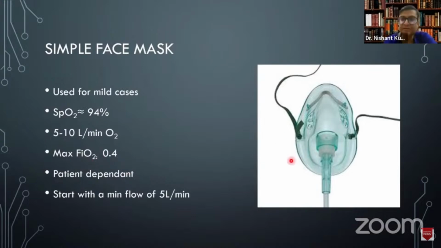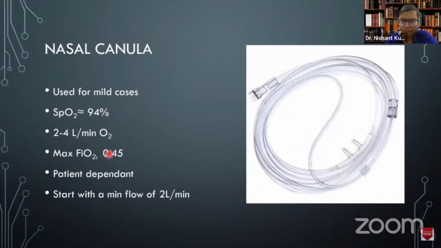Now, with this device, we can give only up to 0.4 or 40% oxygen. Again, this is patient dependent. So if the patient is very tachypneic and the requirement is high, the concentration of oxygen delivered will go down. So the maximum is 0.4 or 40% that you can deliver with a simple face mask, usually reserved for mild cases.